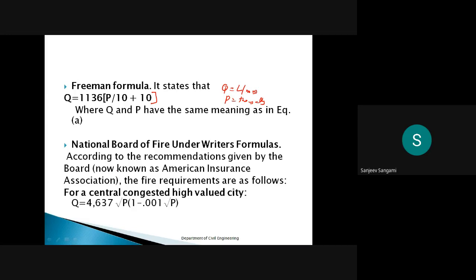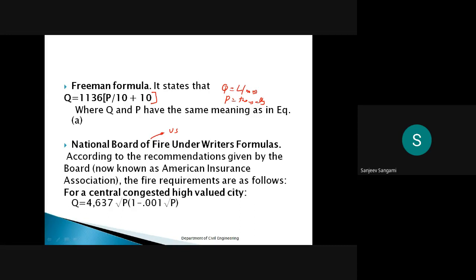Then the National Board of Fire Underwriters' formula. Actually, the National Board of Fire Underwriters is in the US, and it comes under the American Insurance Association.